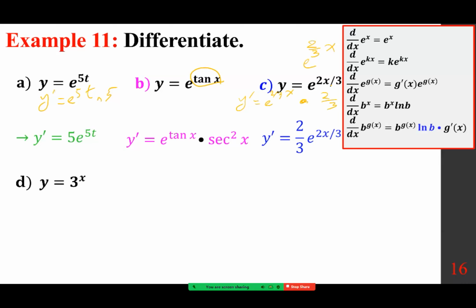When the base is different, what happens? First and foremost, any exponential, the answer is itself. Then there is nothing you can do with the chain rule because it's x. Now, is this base e? No, so times ln b. So ln of 3. And you're done.